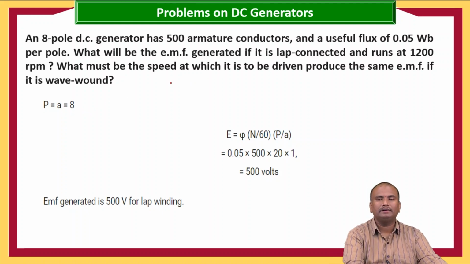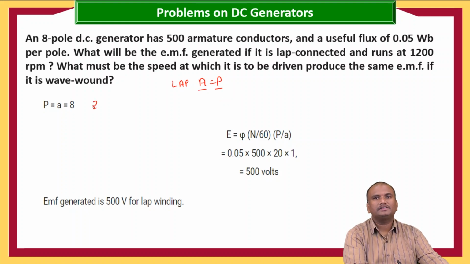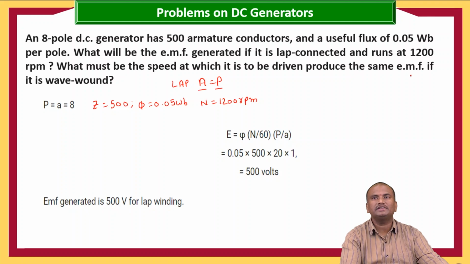In lap connected, A is equal to P, number of parallel paths is equal to number of poles, and here the number of conductors is given as 500 armature conductors and useful flux is given as 0.05 webers per pole and lap connected and runs at 1200 rpm. What must be the speed at which it is to be driven to produce the same EMF?